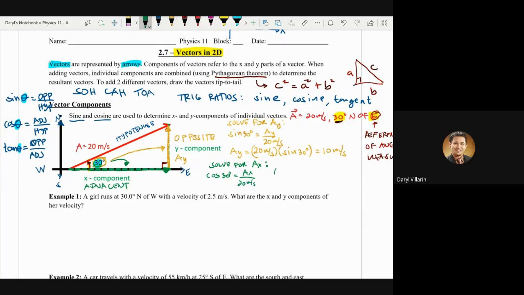Or you can have AX is equal to 20 meters per second multiplied by cosine of 30 degrees. So if you're going to solve for that, AX is equal to 17 meters per second. So that is the x component of my velocity.